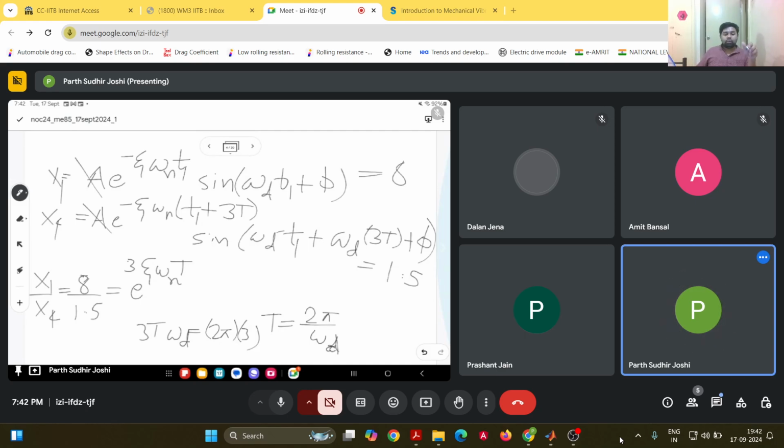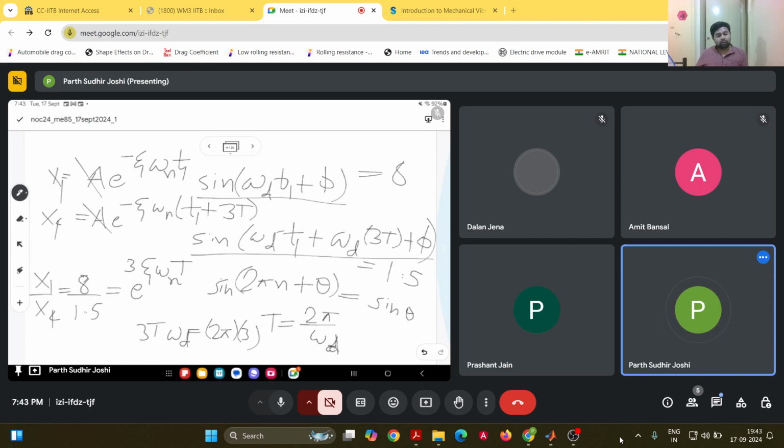Sine of 2 pi n plus theta is the same as sine of theta, so the two sine terms are exactly the same after 3 cycles.